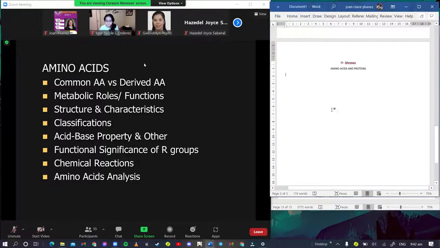So first of all, can anybody tell me what is the difference between a common amino acid and a derived amino acid? Anybody? I can only see two faces of the students.